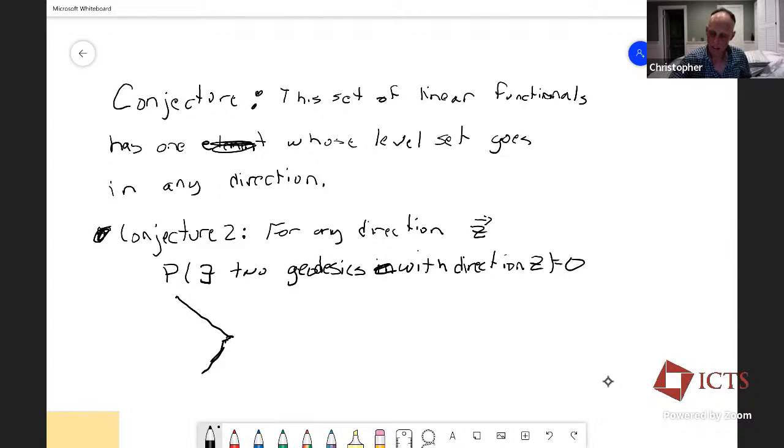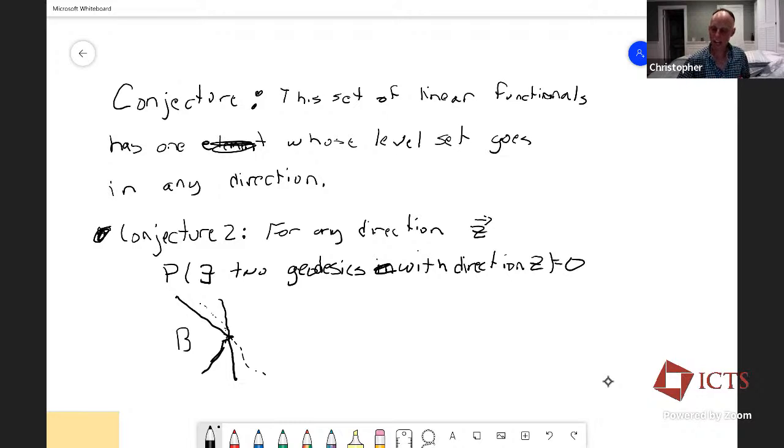So if this is my set B here, and if I've got a sharp corner here, then I get two lines which are tangent to B at this point. They're two different lines, and parallel to each line, I get a geodesic.